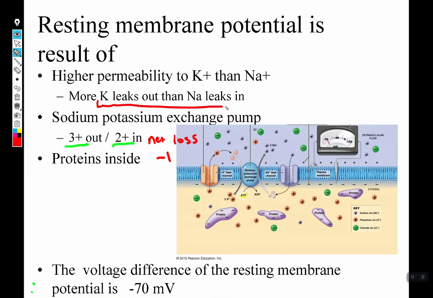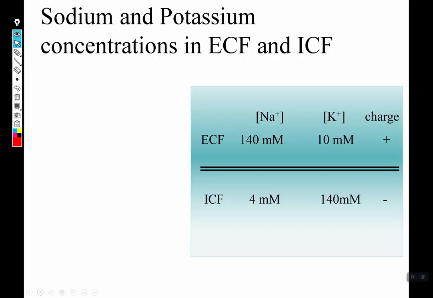But we also have leak channels, that ultimately, again, shakes out to -70 millivolts. So what can we do with that -70 millivolts? We'll build that concept up next.